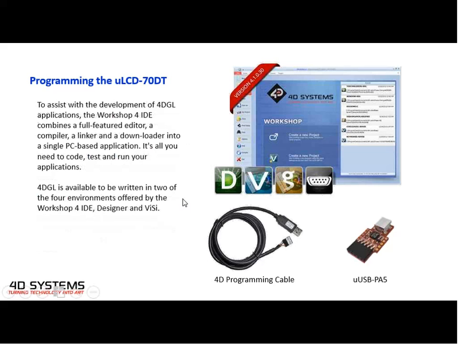So 4DGL is available to be written in 2 of the 4 environments, namely Designer and ViSi. So that's pretty much the same as the Picaso. ViSi-Genie is completely programming without any code. 4DGL code is generated in the background.